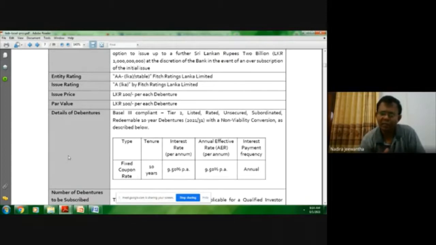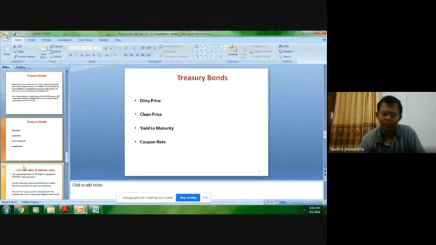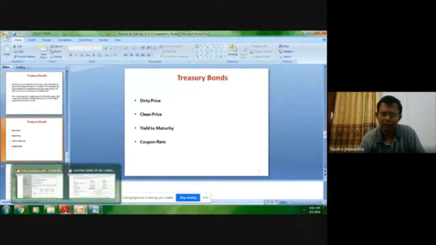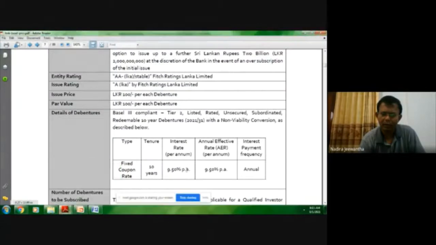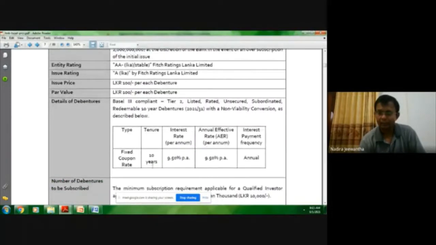Now say this particular instrument has a callable option. So we'll complete that, callable and convertible, right? Forget about that. Now understand, right?